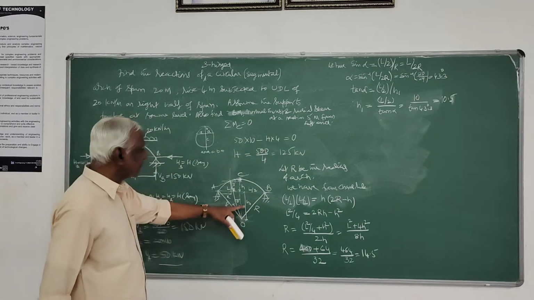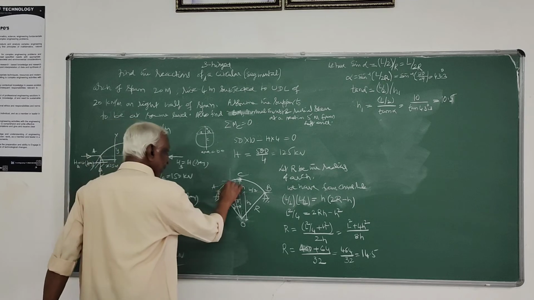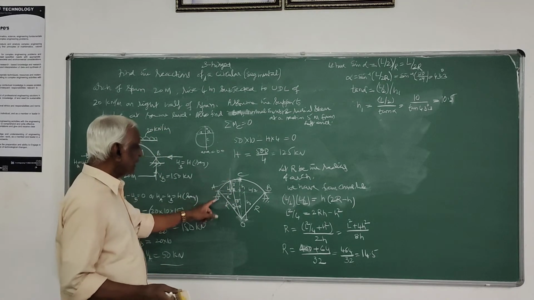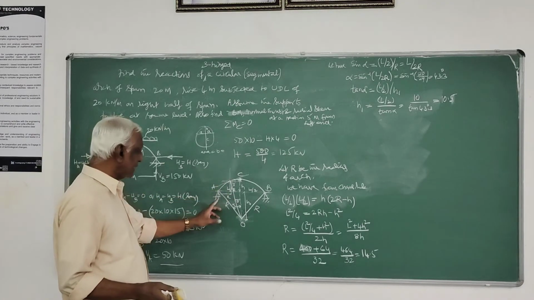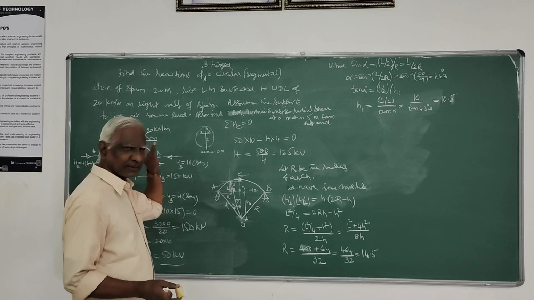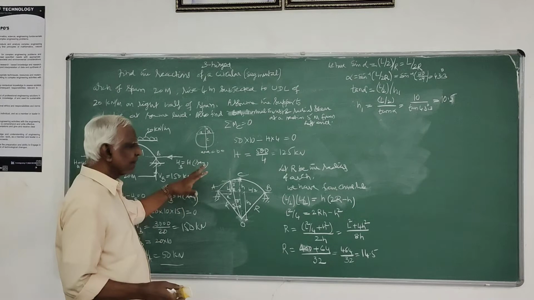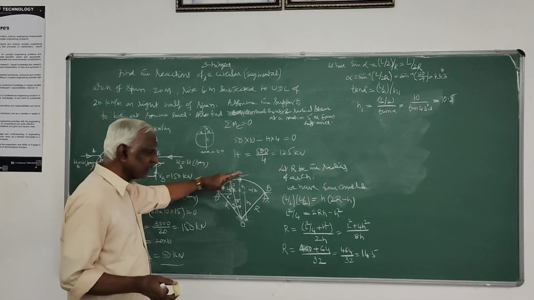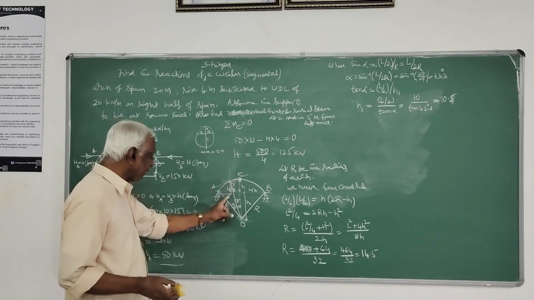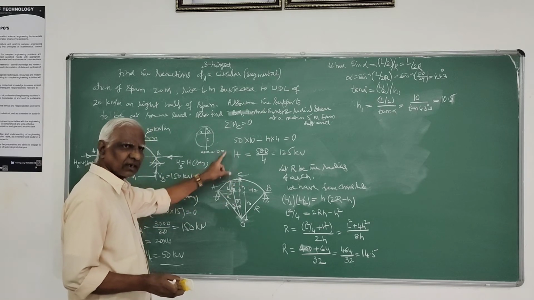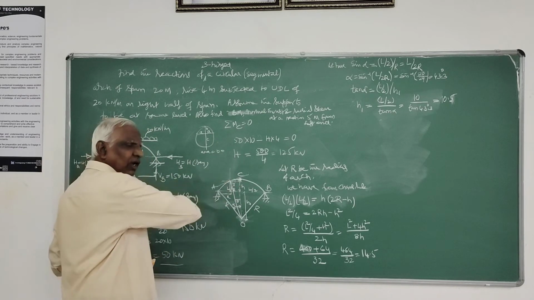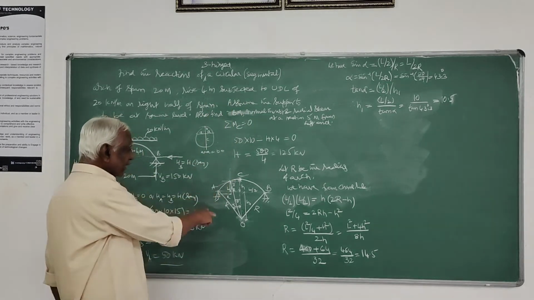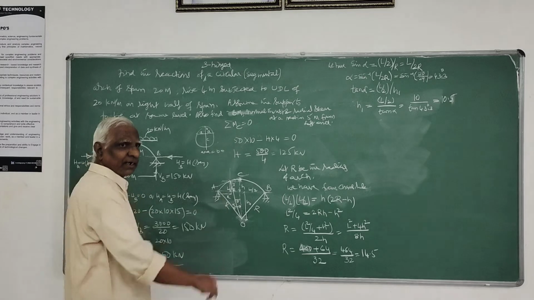Okay. Now once I know H1, my main aim is to find Y. Because if I determine Y, then bending moment at any section is H into Y, VA into X, and due to load, we can find out. And also normal thrust and radial shear, we can find out by resolving the horizontal and vertical reactions along tangent and normal. For that again, this theta is to be determined.